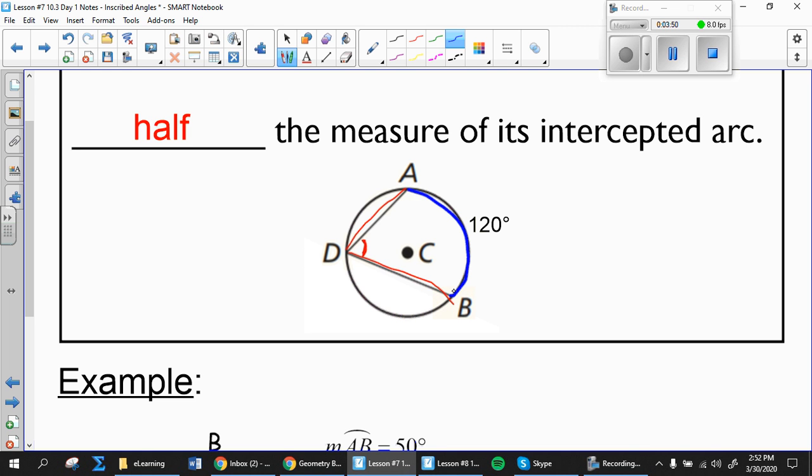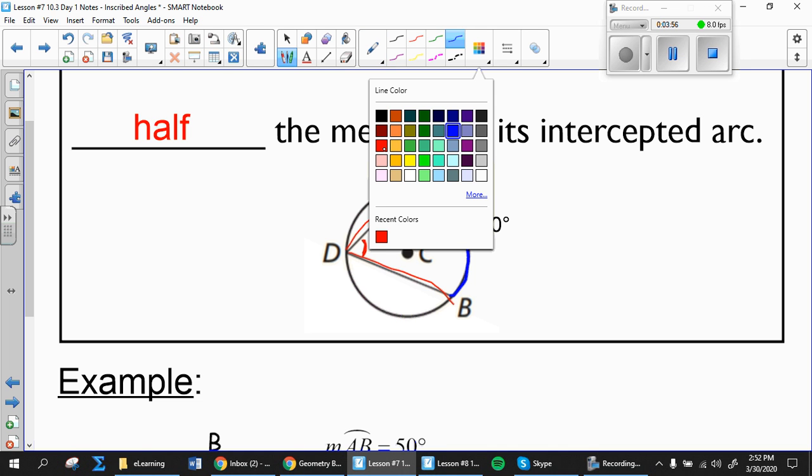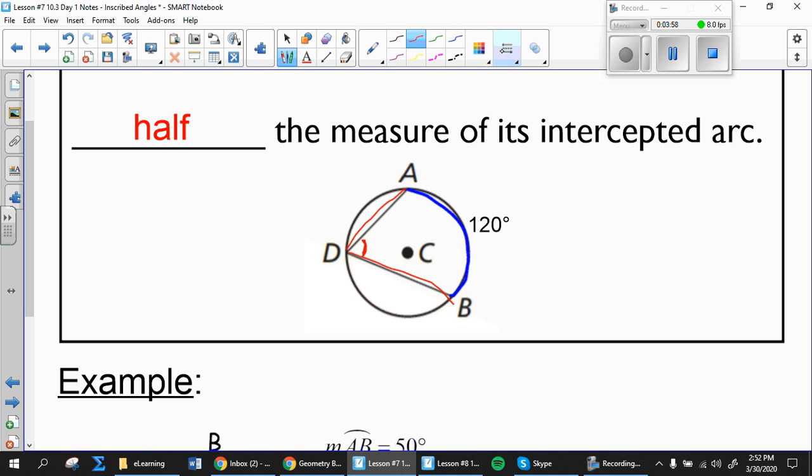And so this angle ADB is equal to half of the intercepted arc.